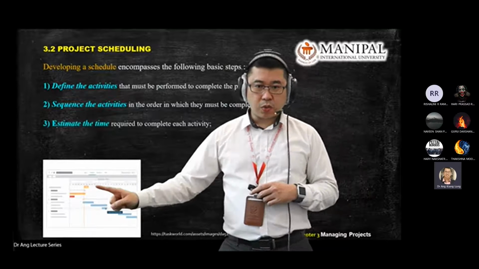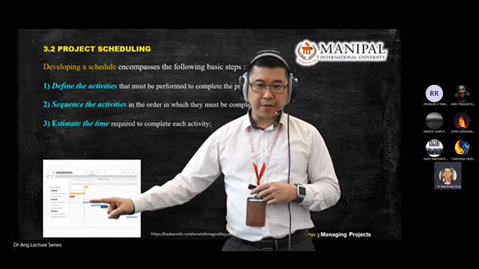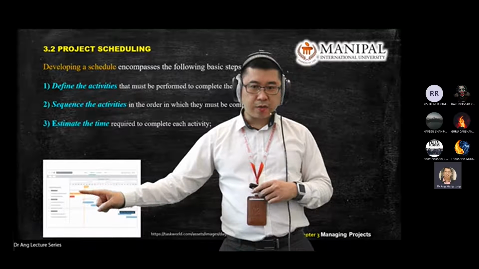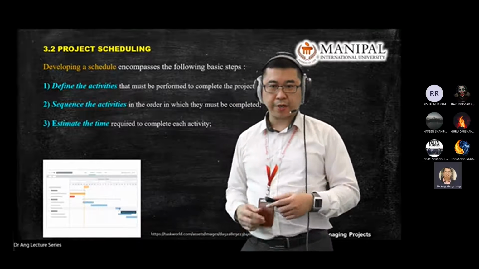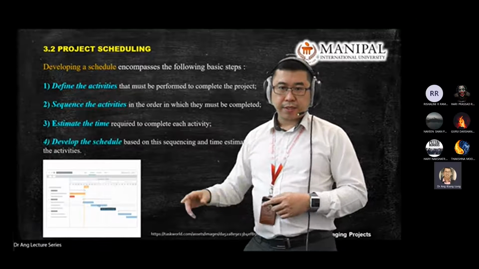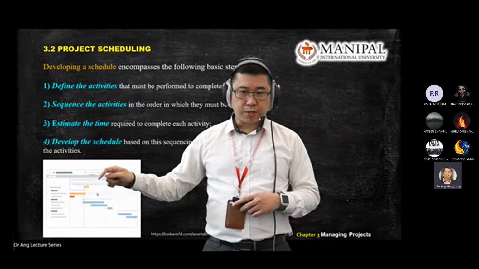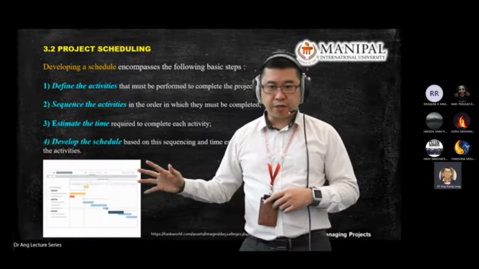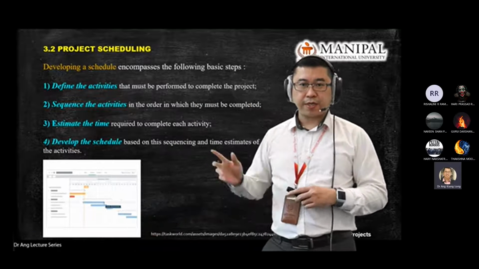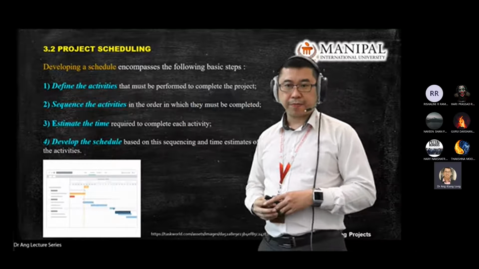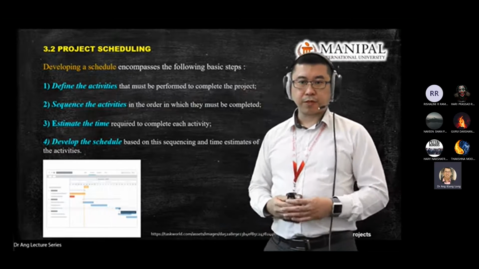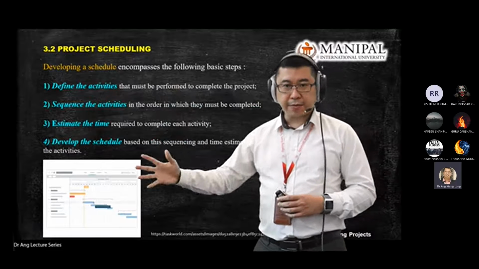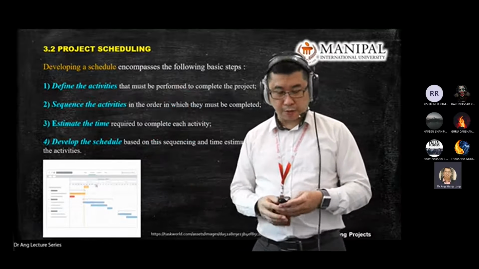Third, you estimate the time and highlight the color. Activity 1, 3 months, activity 2, 4 months, and so on. Then you make sure that you have a reasonable schedule for the project. Okay. So these are the basic steps of developing a project schedule.